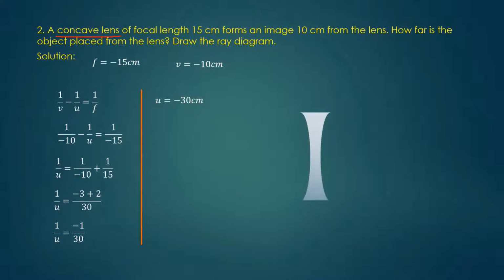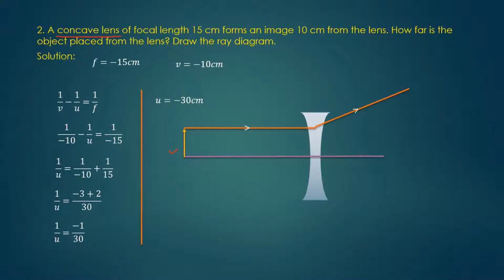This is your concave lens, principal axis. So object is at here. This is your object. Now when a ray is incident parallel, it is diverged by the lens.